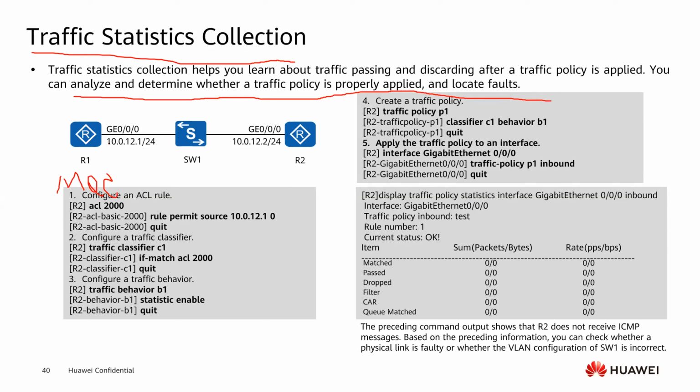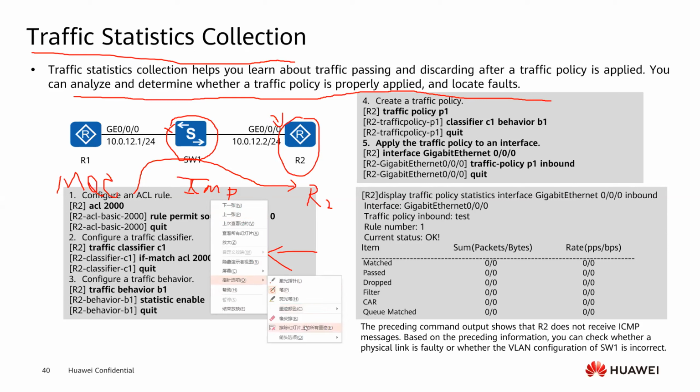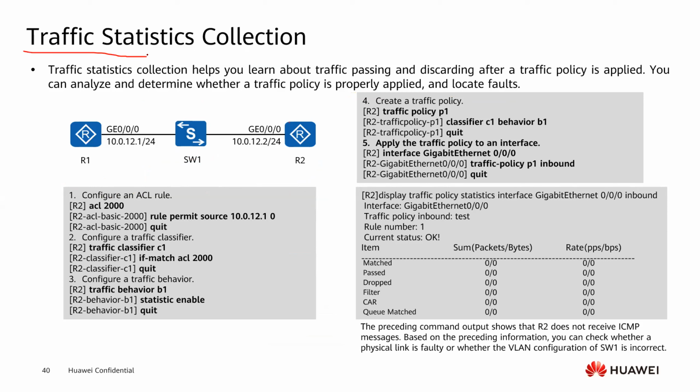For example, if R1 sends a packet to R2, for example an SNMP packet, but R1 can't receive the reply message, SNMP reply, so maybe this switch SW1 drops the packet, or maybe R2, this interface drops the packet. So in this scenario, we can use the traffic statistic.